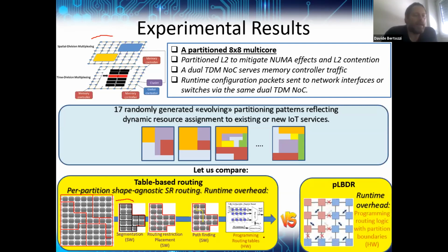And in fact, we are comparing this with PLBDR. The only runtime overhead of PLBDR is to just reprogram the connectivity bits, not even the routing bits, because the routing algorithm is global and stays the same. So we just have to reconfigure 4 boundary bits, 4 connectivity bits for each switch at runtime.